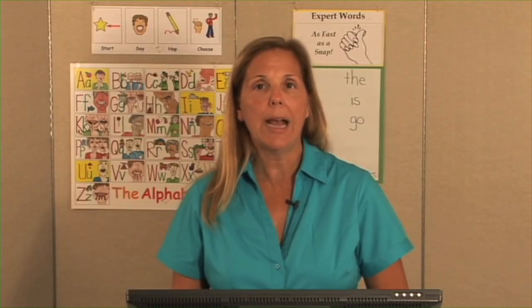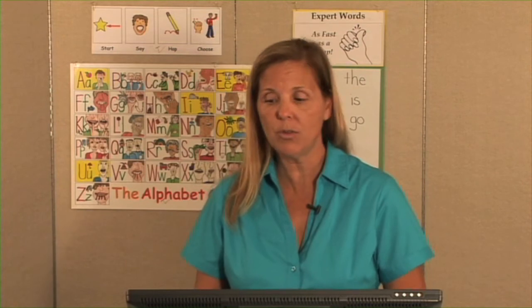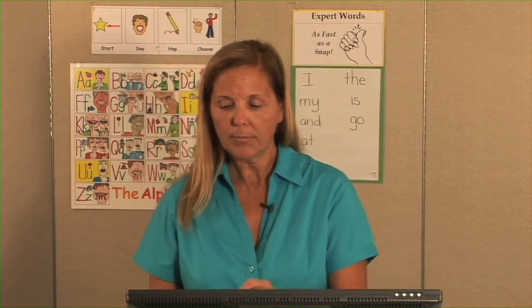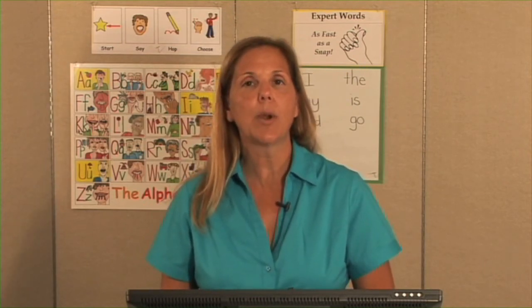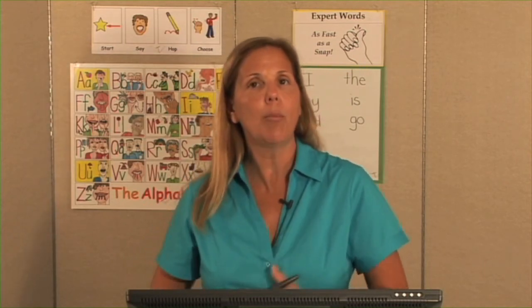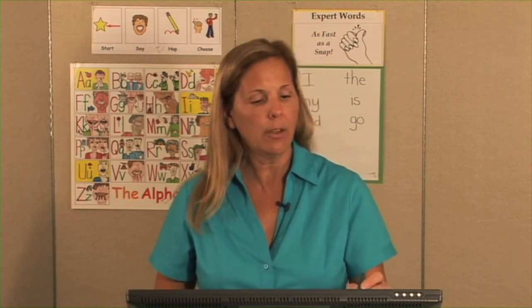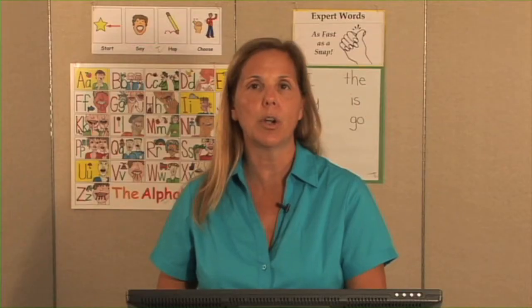I'm going to go back and show you a few things that usually happen when you do this. Let me erase the am. When we did slow-mo man and segmented and isolated the A sound, and the child found the A on the alphabet, then they go to write it, and many times they'll write it right next to the word.